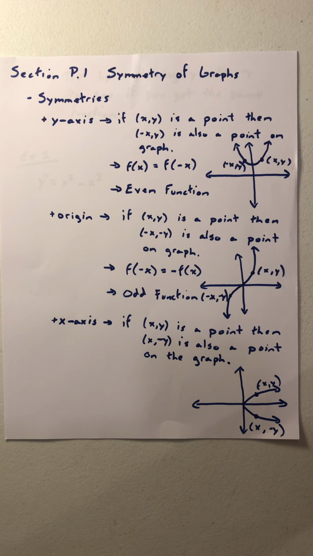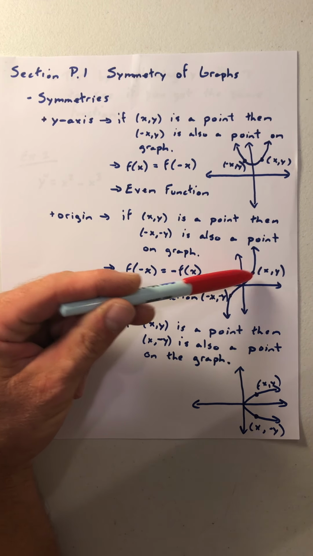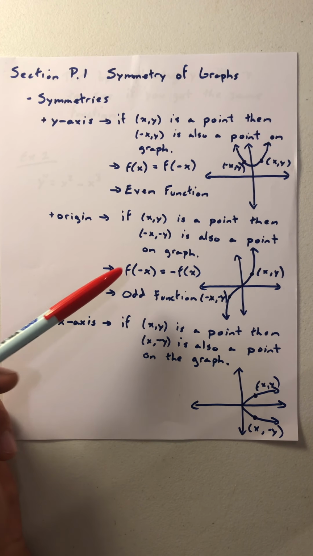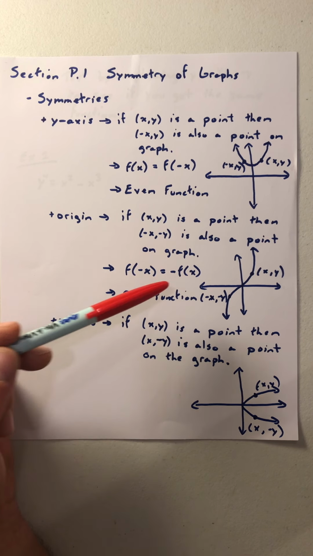Very important that we understand that an even function goes along with y-axis symmetry, and you'll see why in a little bit when we talk about polynomials that have even symmetry. Symmetry about the origin allows us to rotate the graph around the point (0, 0), the origin. Here, if we replace x with negative x, we end up with the negative of the function.